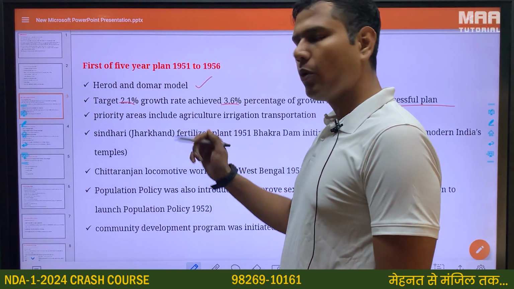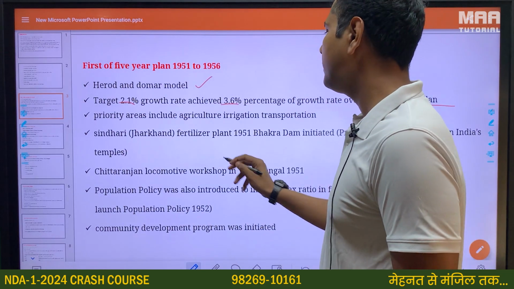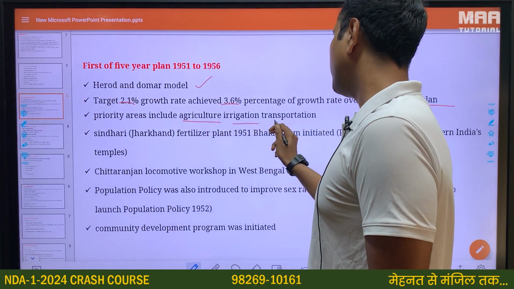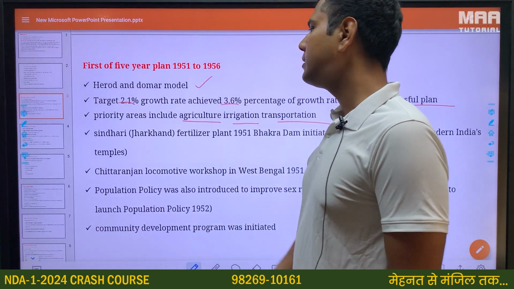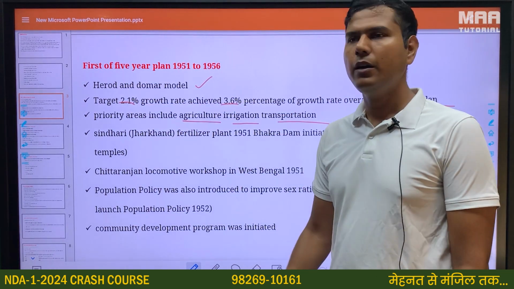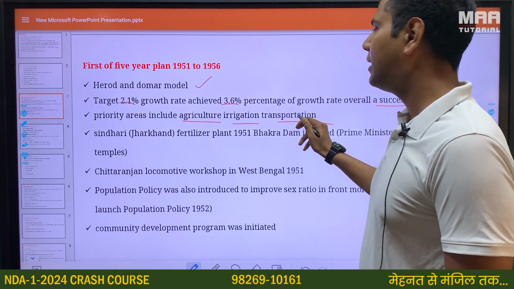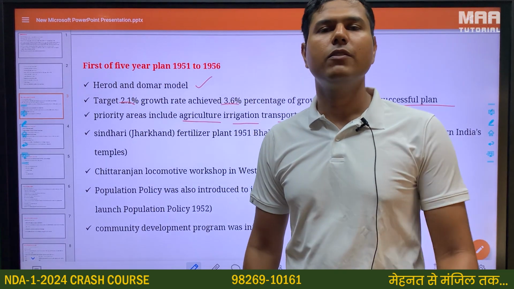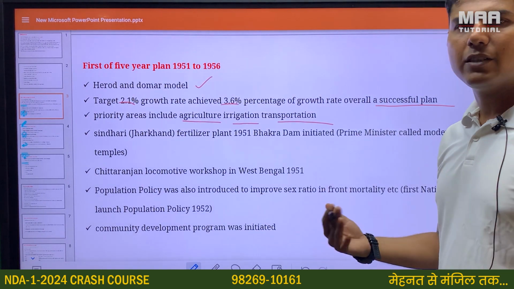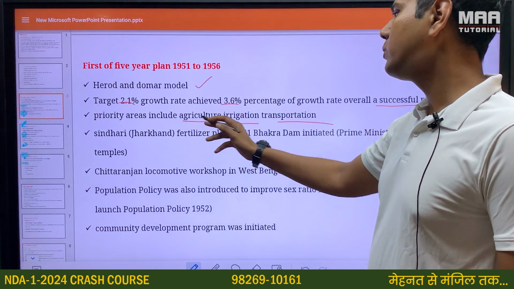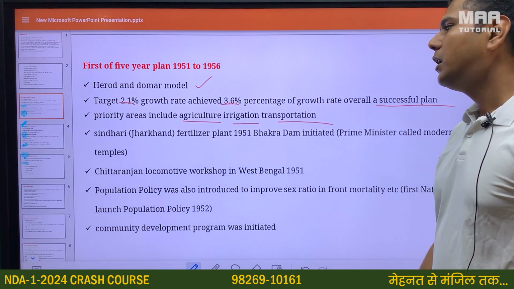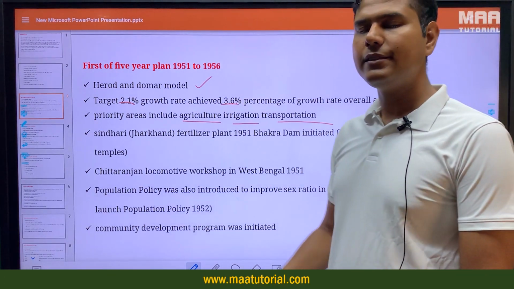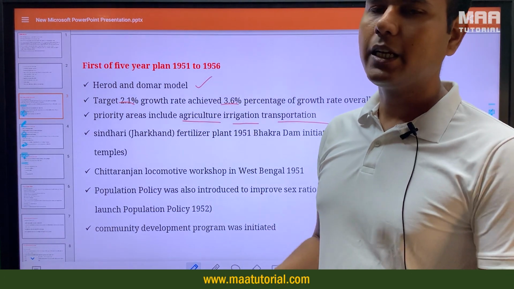Priority areas are important for every 5-year plan. So you'll remember this: agriculture, irrigation and transportation. Harrod had this belief that agriculture and irrigation should be covered, and Domar had this observation that transportation should be targeted. Hence both the ideas were inculcated, and the objective was set. Priority was given to agriculture, irrigation and transportation. Let's move further, as the idea is to develop agriculture, right?